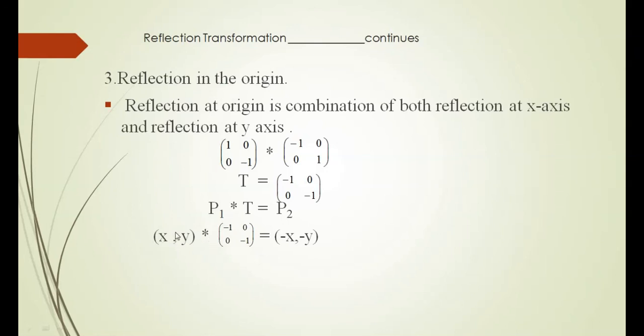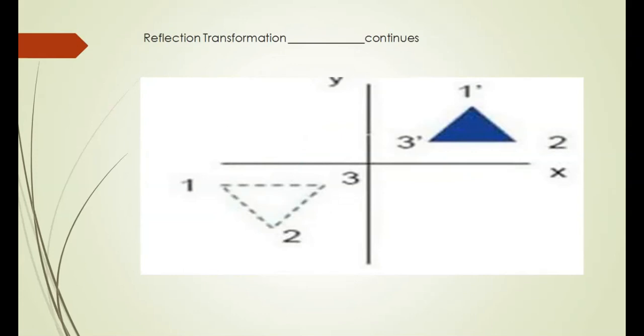This is our original coordinate, that is x and y, multiplied by our matrix, that is -1 0 0 -1, which is equal to -x and -y. So here is the image, that is the original image, and this one is the reflected image.